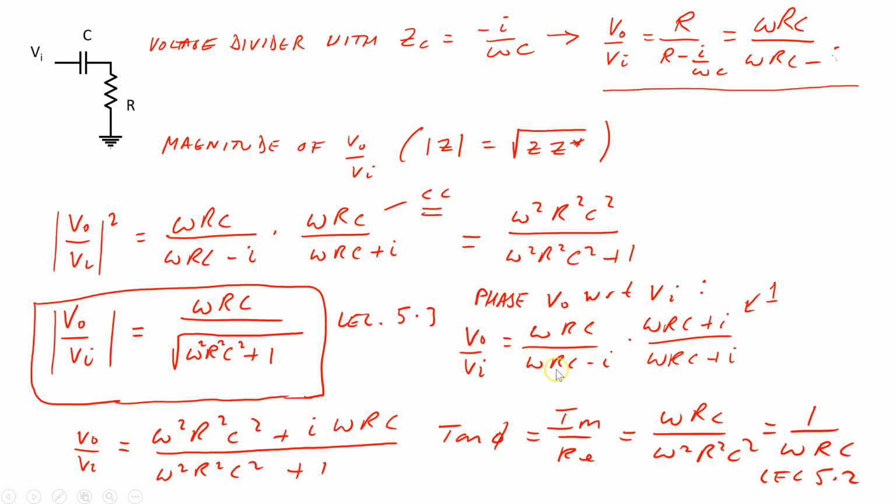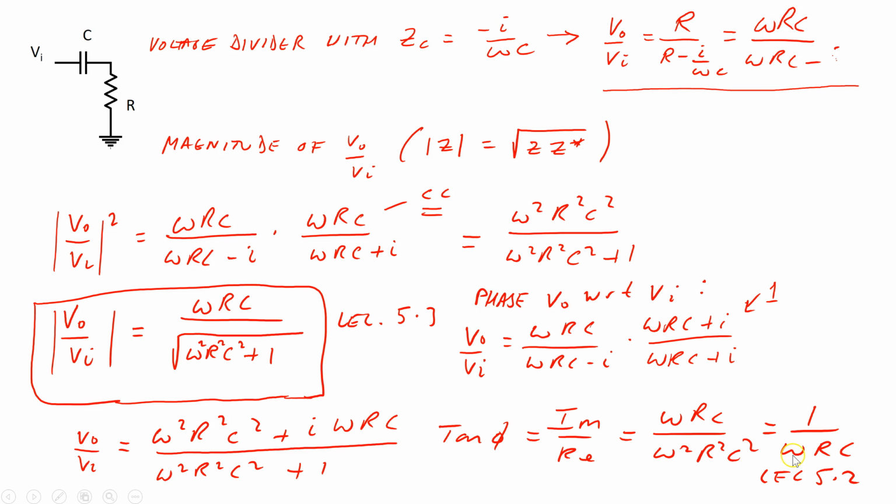And then we have, once again, a plus omega RC times i and a minus omega RC times i, and then a minus i times a plus i, which is 1. We're interested in the ratio of the imaginary to the real parts, so the bottom cancels out when we take that ratio. And so here it is, the imaginary part, omega RC, divided by the real part, omega squared R squared C squared, and that is just 1 over omega RC.